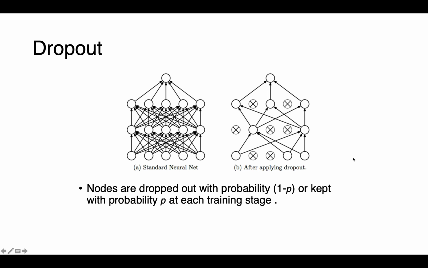This is a way to avoid overfitting, because sometimes the neural network just learns too fast and learns too much for each iteration, and creates overfitting.